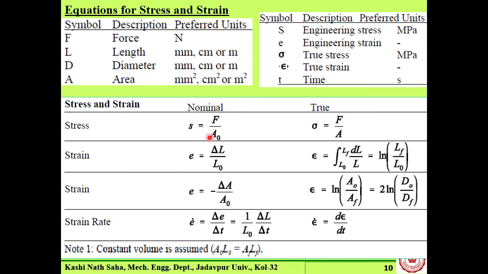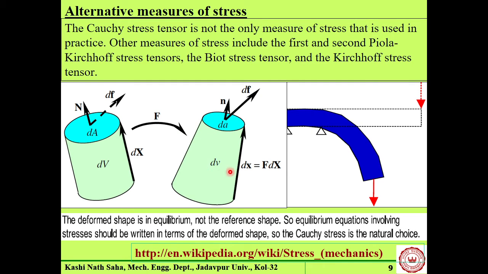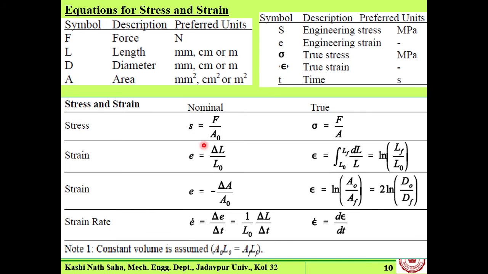And why are they important? Because in an actual case, there is change in geometry. To express stress and strain corresponding to this geometry, if we analyze only through engineering stress and strain, we cannot describe the true problem.